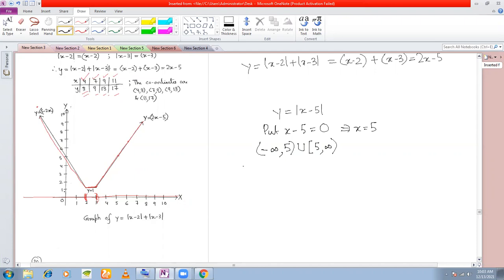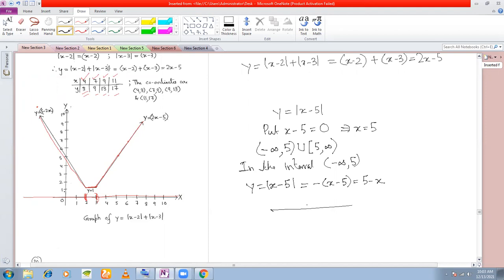And in the interval minus infinity to 5, what is the value of my function? x is a value less than 5. That means x minus 5 must be negative. So I'm getting 5 minus x.